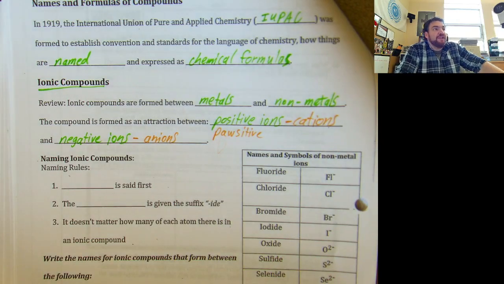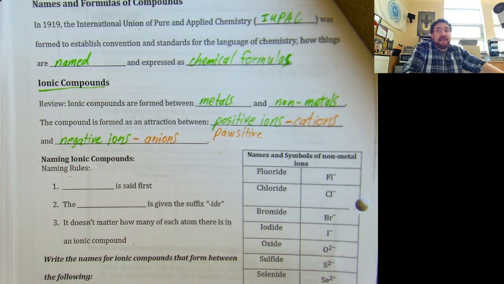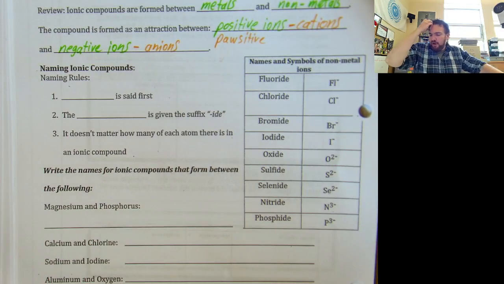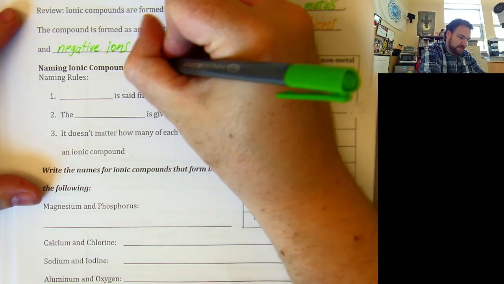And so all of the naming rules that we're going to look at now and tomorrow are ionic compound naming rules. The first looks like this: naming ionic compounds. There are a whole bunch of ionic compounds that are really quite simple. We're going to start with the simple ones. The simple ones are called binary ionic compounds.